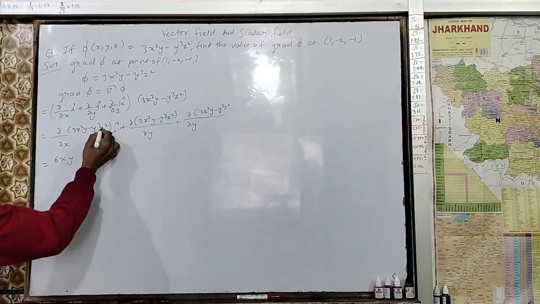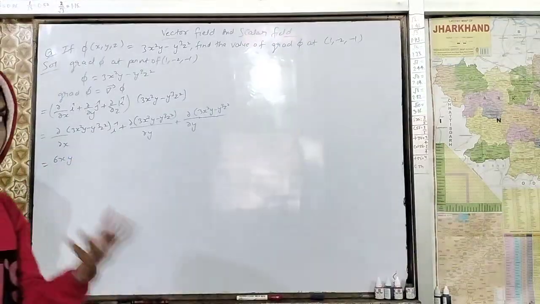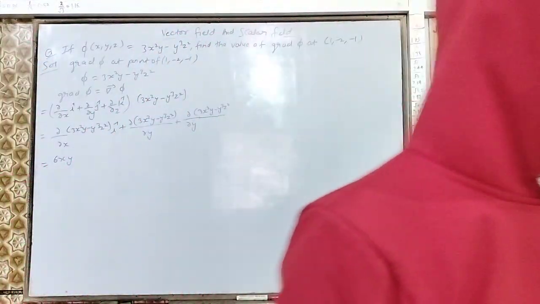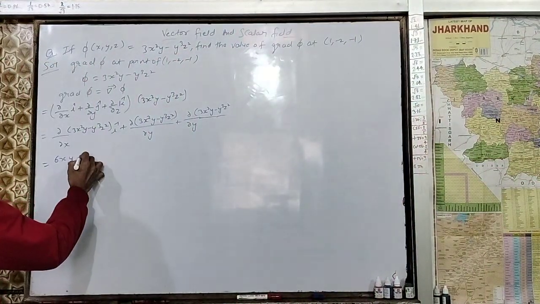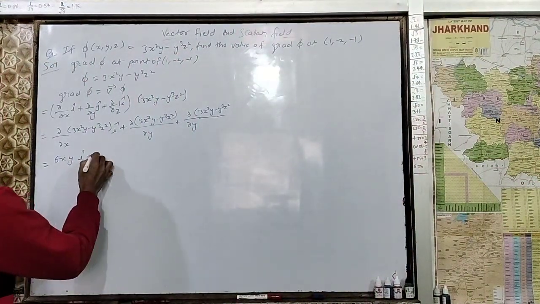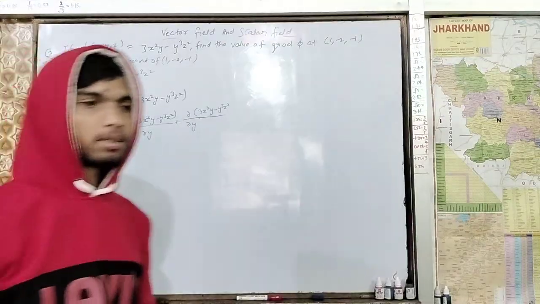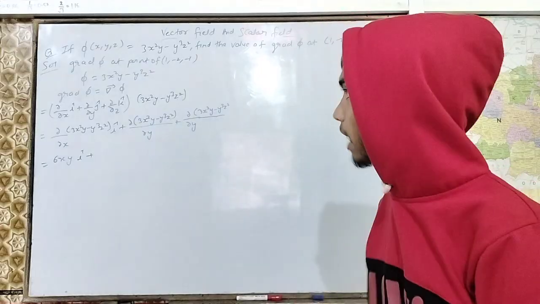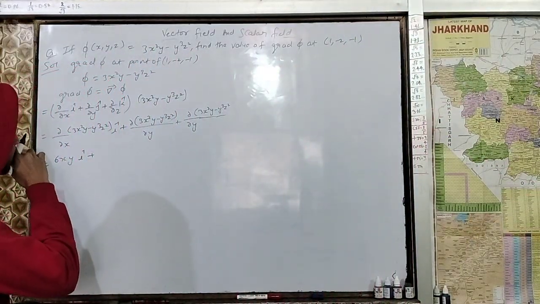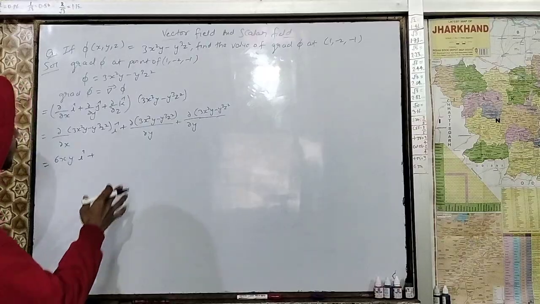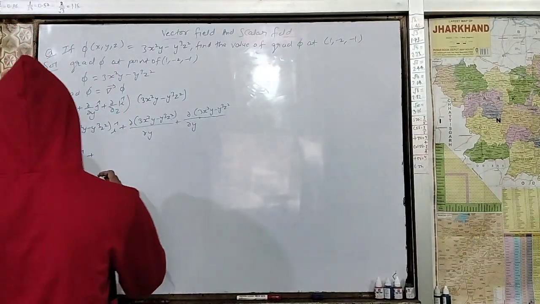And the differentiation of this term by dx will become 0, because there is no x in it. That is the i cap term. Then plus, here we have y in the term, so it will not be equal to 0. So 3x square will remain as it is, and the differentiation of y will become 1. I think 1.